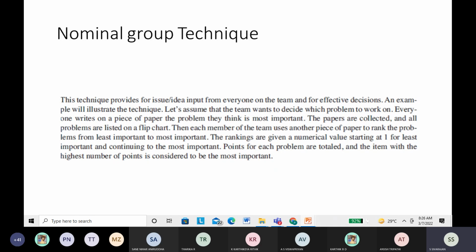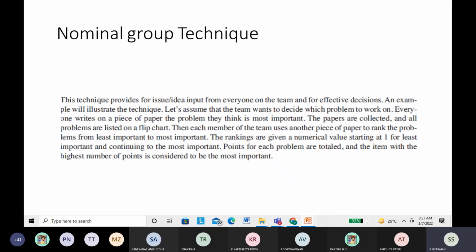All the salespeople will write brand image, of course, if Colgate's brand image is that good. Then you collect from all the 10 sales representatives whatever they have written, and you finalize what are going to be the important points to improve the sales. In the second round, you ask them to rank which is going to be very important, whether advertisement is very important, whether cost is very important. This way, you try to do the next step also.